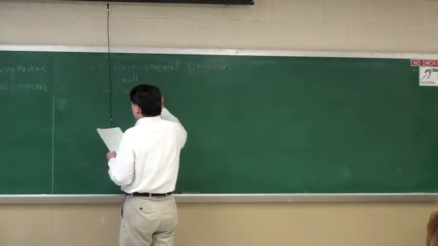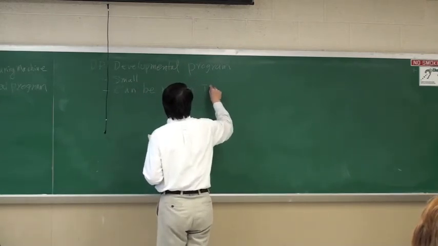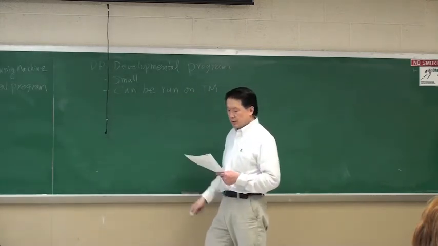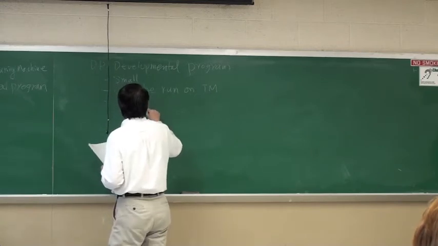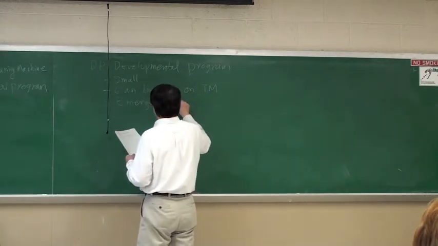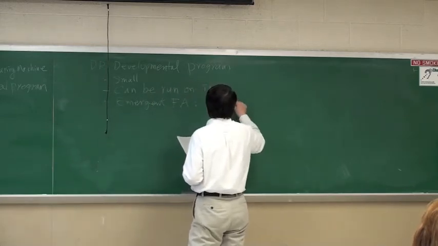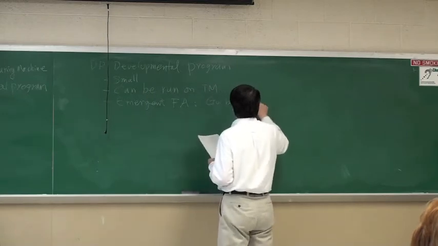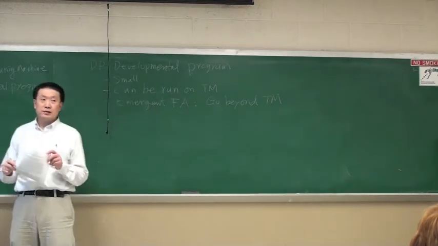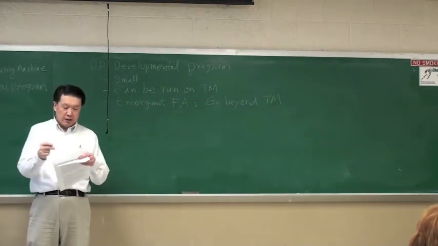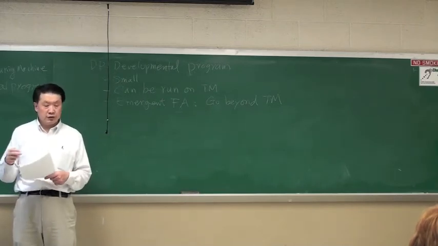It can be run on a Turing machine or von Neumann computers, and then you generate an emergent FA. That FA goes beyond the Turing machine. That's my argument for you to consider.